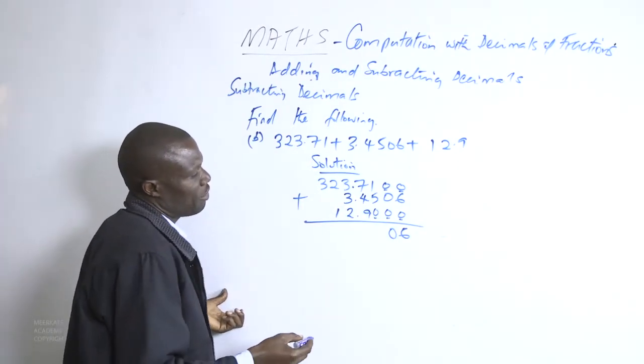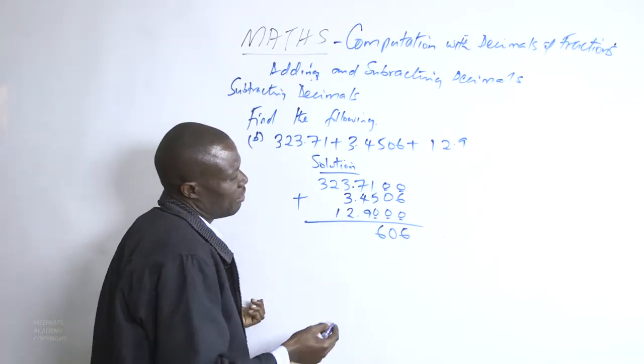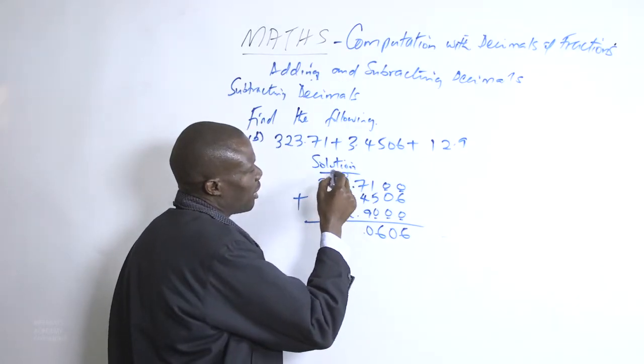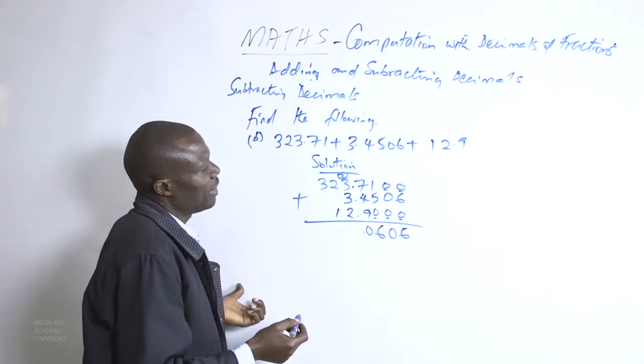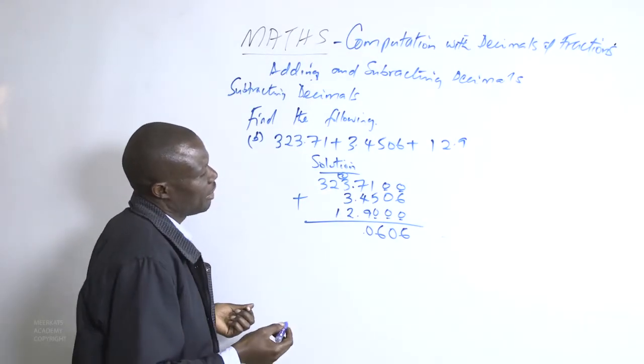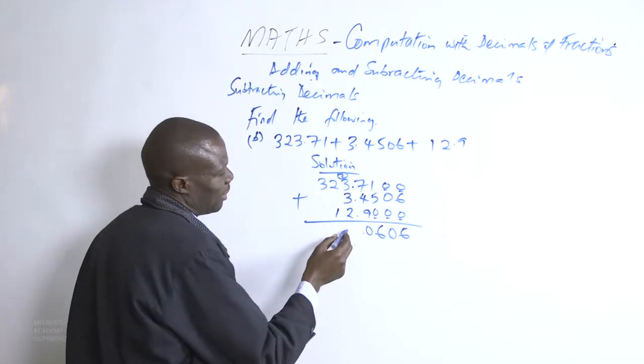1 and 5 gives us 6. 4 and 7 is 11. 11 plus 9 is 20. Carry 2. 2 plus 3 is 5. 5 plus 3 is 8. 8 plus 2 is 10. So it's a 0.